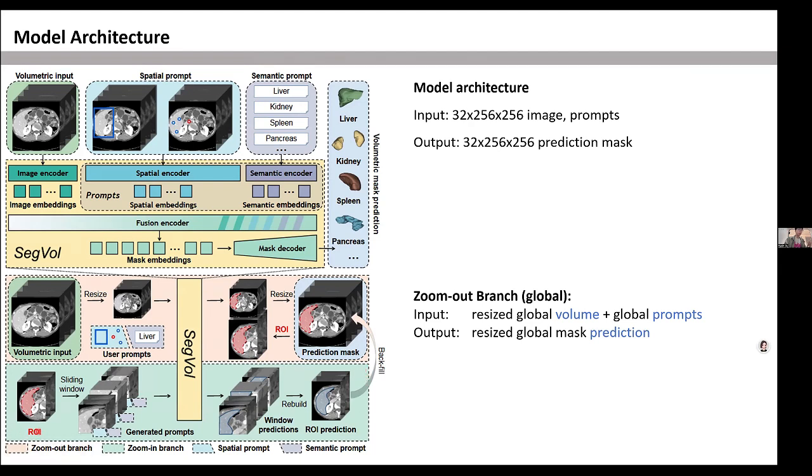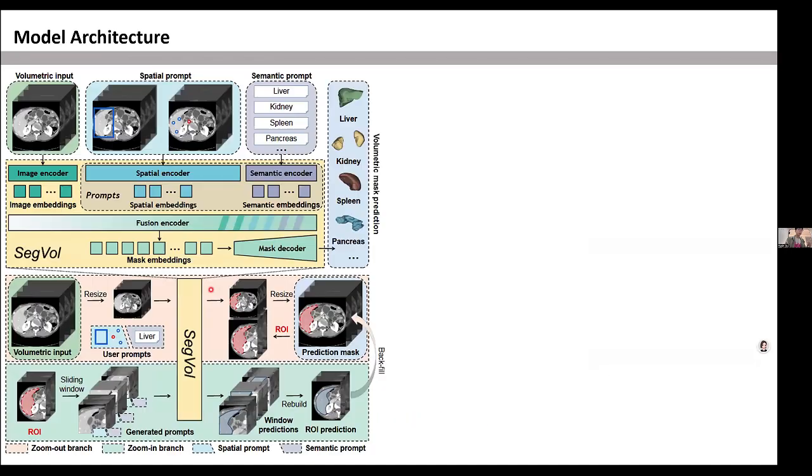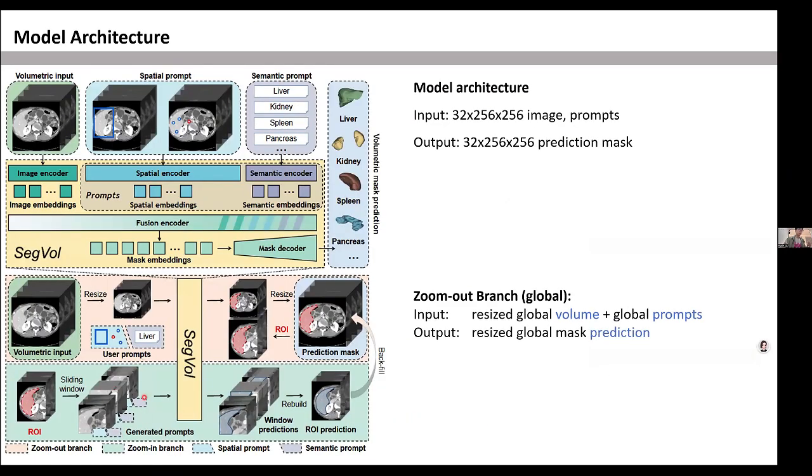In this branch, we apply the usual sliding window method on this region of interest, and just like the previous slides, we get a lot of windows here. But what is different is that we have some generated prompts based on this prediction here.